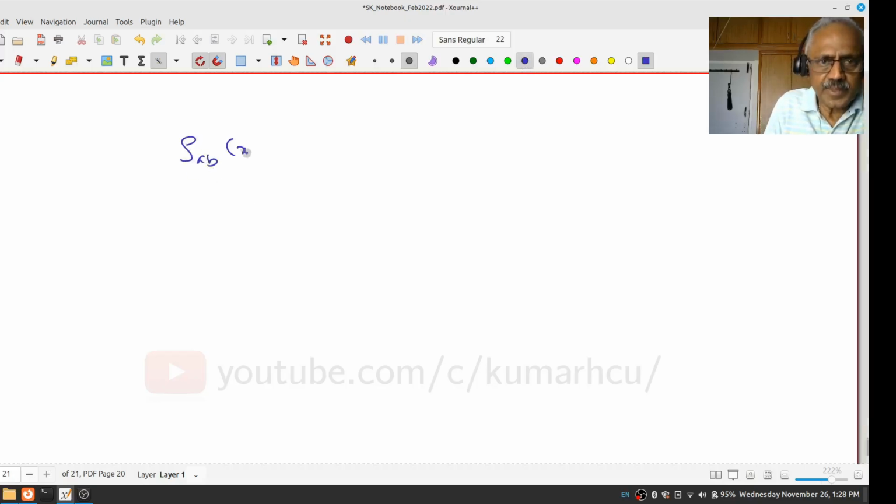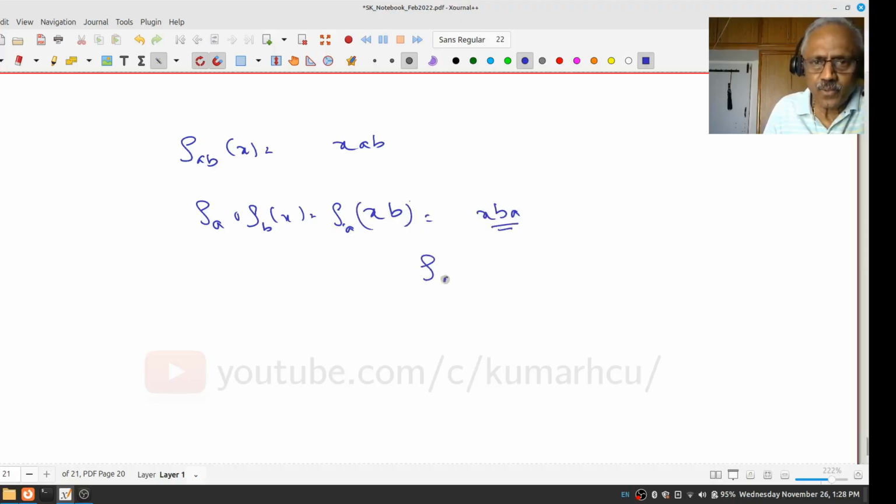Rho of AB of X is XAB, and rho of A composite rho of B of X is rho of A of XB, that is XBA. So rho of AB is not equal to rho of A composite rho of B. That is, xi is not a homomorphism.